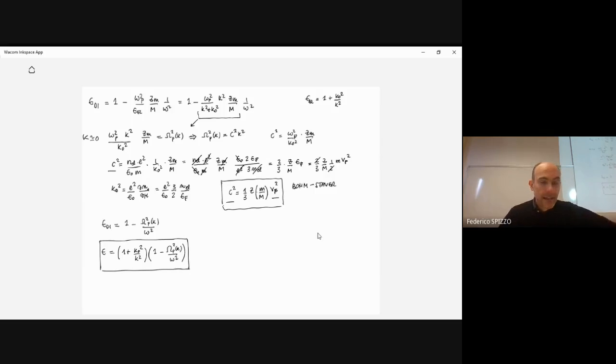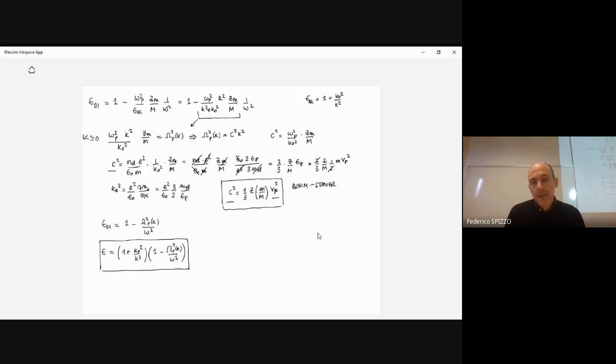So the idea is to say what happens to the electron-electron interaction, let's say, we have seen, just considering the first term. So just considering the fact that the interaction potential is not the Coulomb one, but is the Yukawa one. We have already seen what the effect of that is.